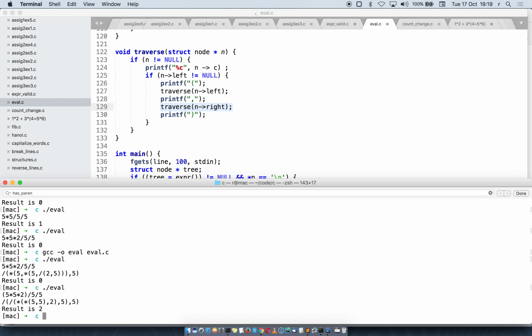Let's see if we can fix it. So the current rotation will produce R5 instead of that.